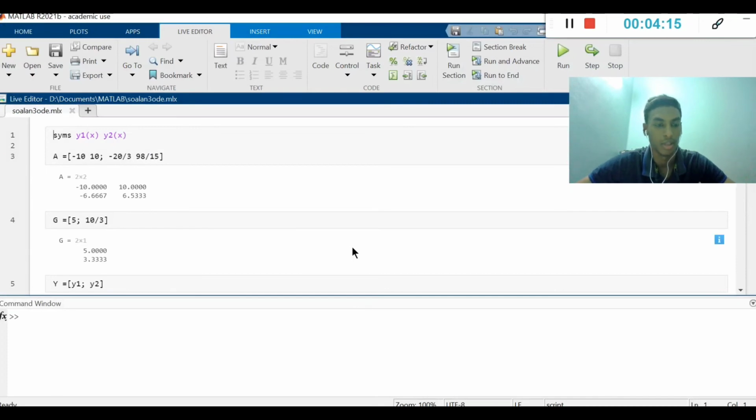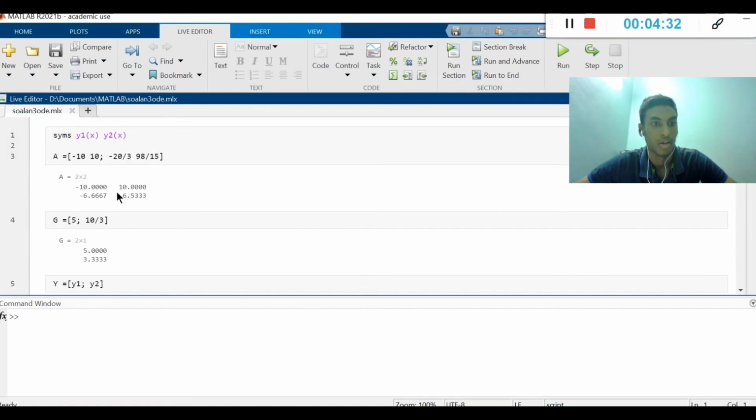Okay, so this is my MATLAB calculation. Firstly I have introduced my symbols to MATLAB, and I have defined the matrix form.